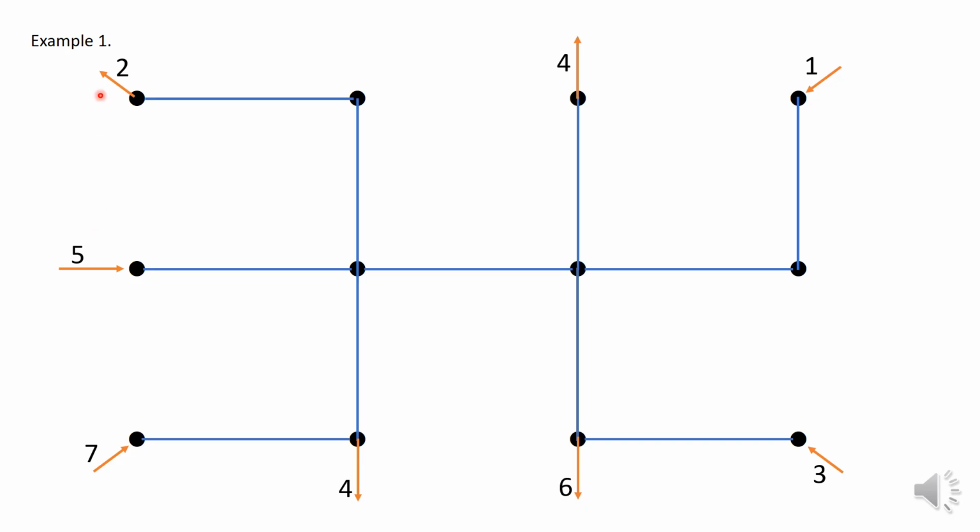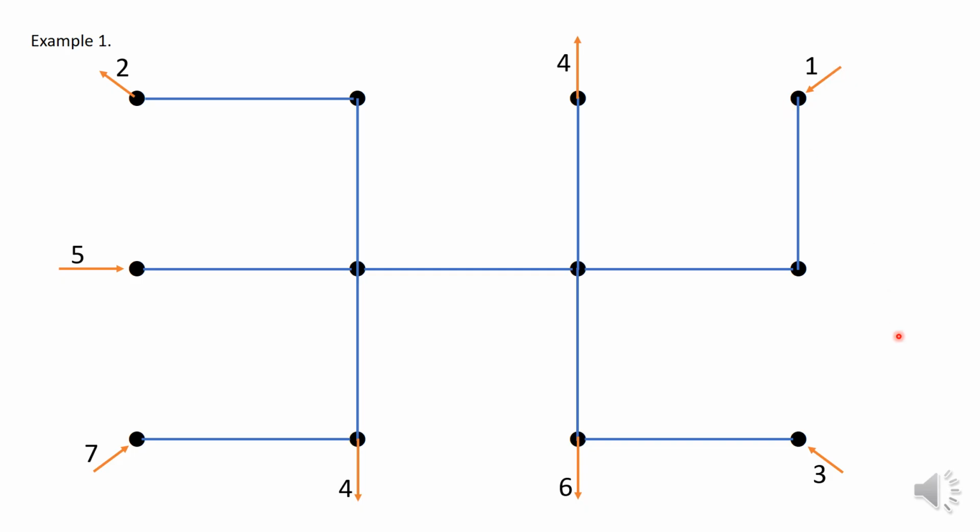And each arrow has a number attached. This is the amount of flow into and out of the network. Now we can check here that this is a balanced set of flows. In other words, the total input equals the total output. Let's check the inputs first.